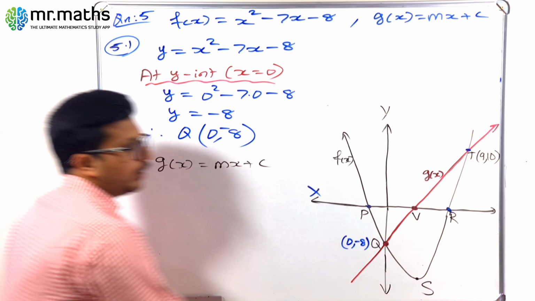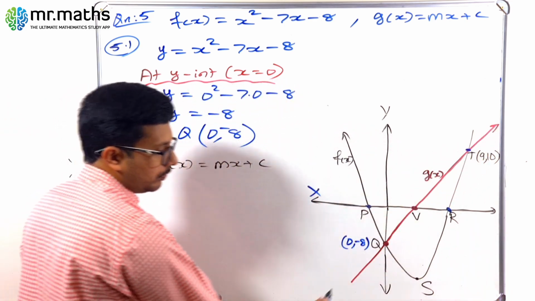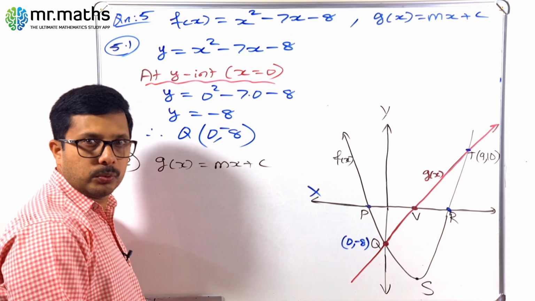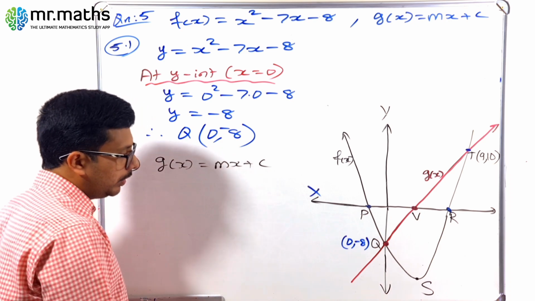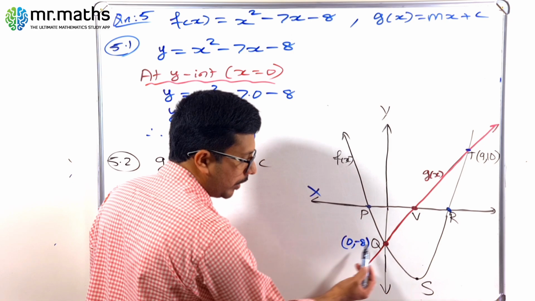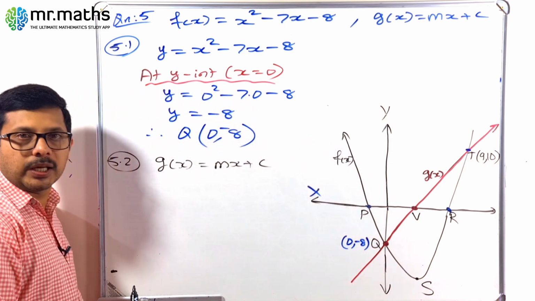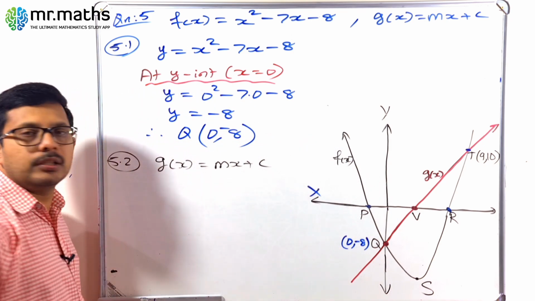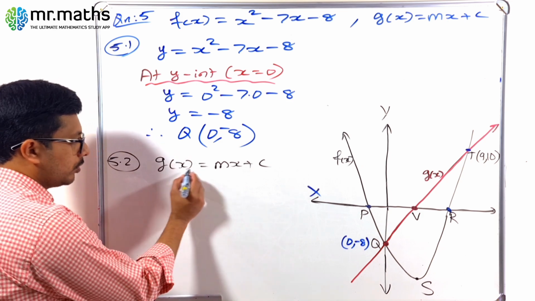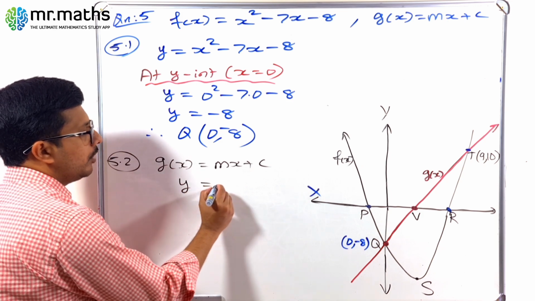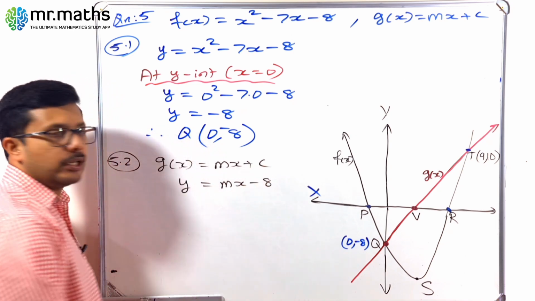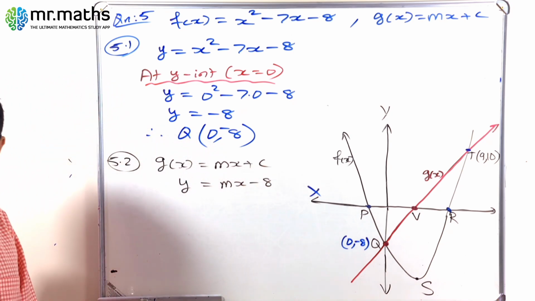In this graph of g of x, what is the y-intercept? The same Q is the y-intercept. What is the y value at Q? We already got it as minus 8. So the value of c is minus 8. So g of x, the same as y, is y equals mx minus 8, because the value of c is minus 8.